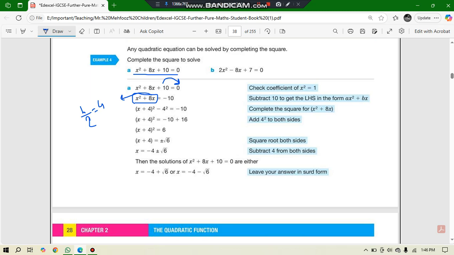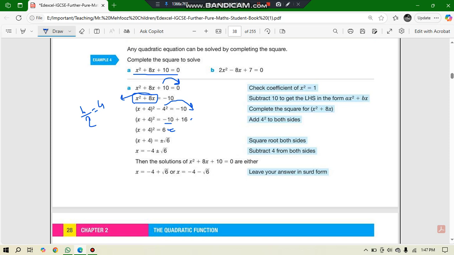You can see that this minus 4 square goes to the other side and is added to minus 10. So it becomes x plus 4 whole square is equal to minus 10 plus 4 square. And what is the value of 4 square? That is 16. So x plus 4 whole square is equal to 6. Any problem till this step? Do you have any problem?